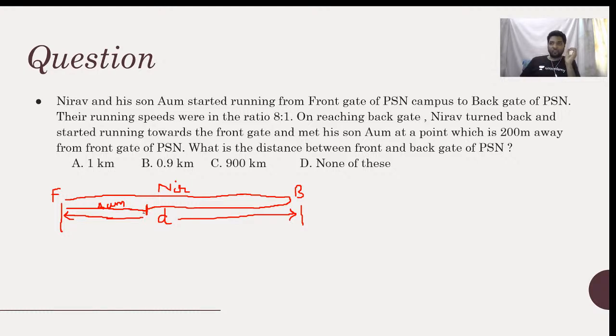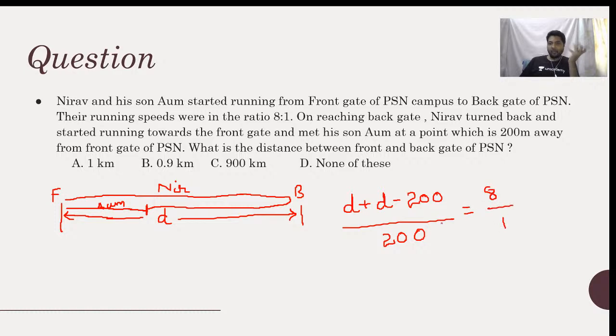When t is constant, how does speed vary with the distance? Speed varies directly with the distance. So what is the distance traveled by Nirav? d plus d minus 200, distance traveled, divided by distance traveled by Om, 200, is equal to the ratio of their speeds, which is nothing but 8:1.